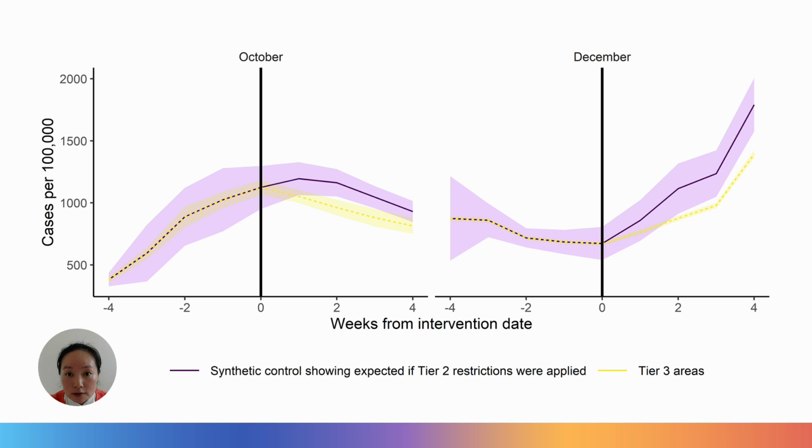The solid purple lines represent the synthetic control group, and yellow dashed lines represent the intervention group. As you can see, it's quite obvious in both time periods, additional restrictions on social interactions and the hospitality sector were effective in reducing case rates.